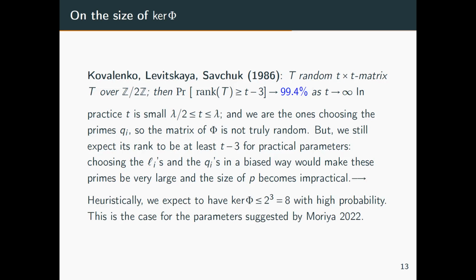This means that the size of the kernel is about 2 to the 3 elements. And this was in fact the case for the parameters suggested in the paper by Moriya, where I think T was either 1 or 2, depending on which degree you are looking at.